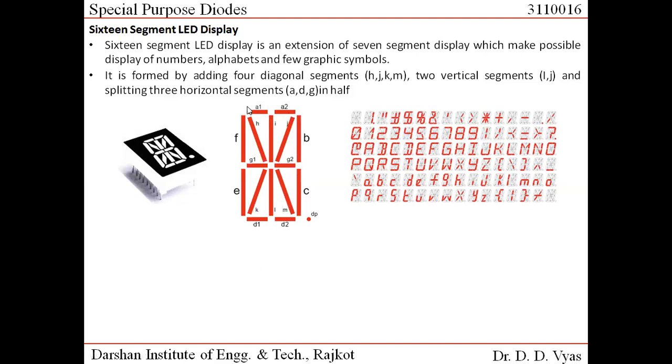Segment A becomes A1 and A2. Kindly follow my cursor. Segment G now becomes G1 and G2, and segment D of the original 7 segment now gets split into D1 and D2. So in total, we have 16 segments, and different characters, numbers, and special symbols which are formed using this 16-segment display are shown here.